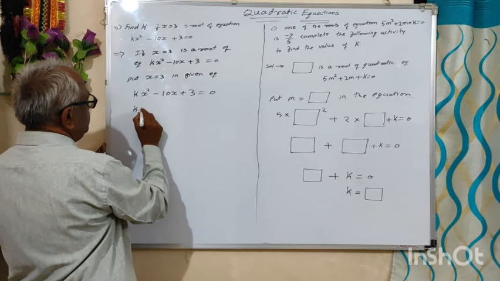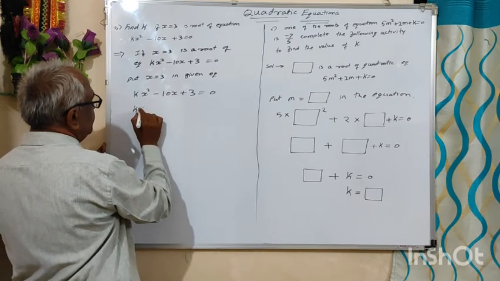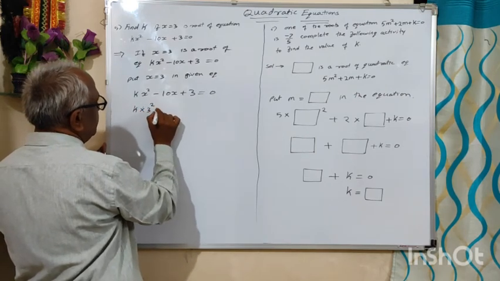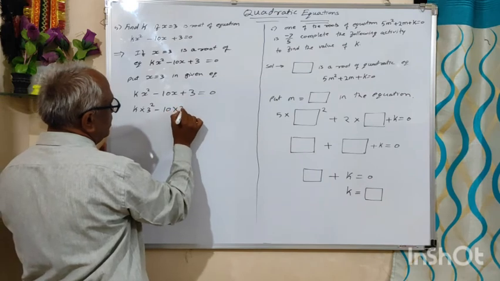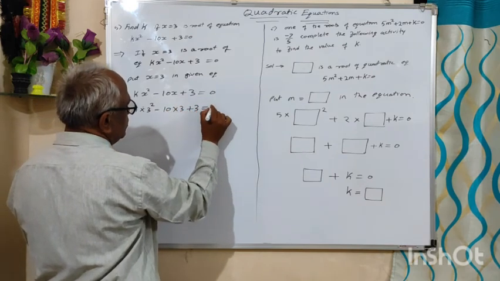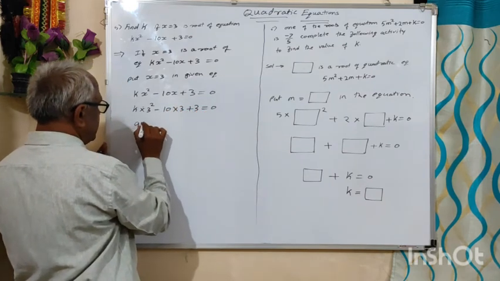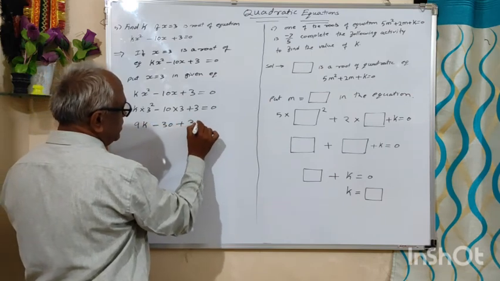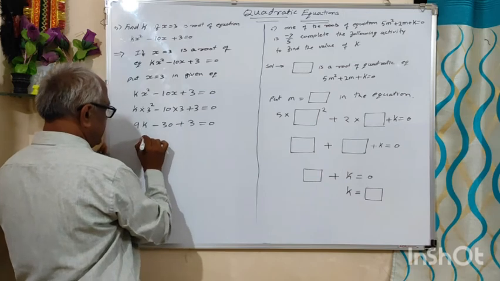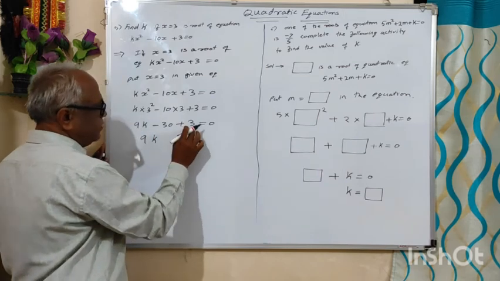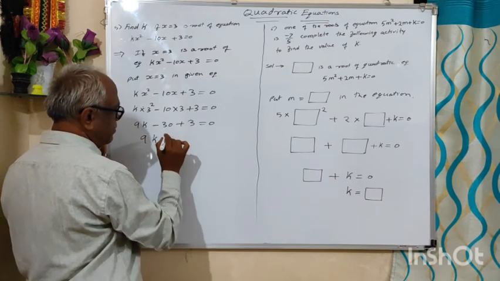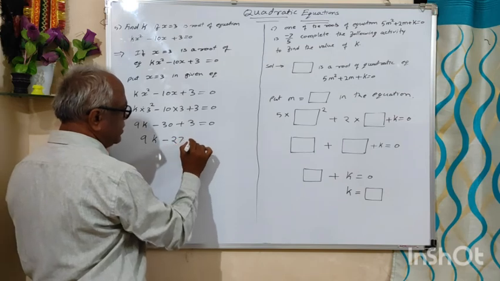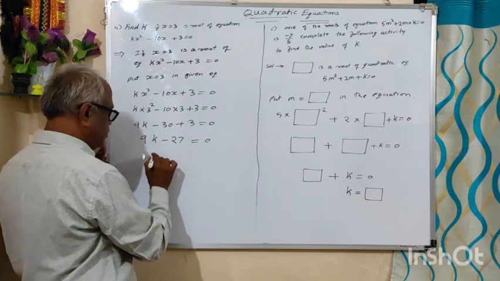K into 3 square minus 10 into 3 plus 3 is equal to 0. That is 9k minus 30 plus 3 is equal to 0. 9k minus 30 plus 3 subtracted but keep the greater number sign, that is minus 27 is equal to 0.